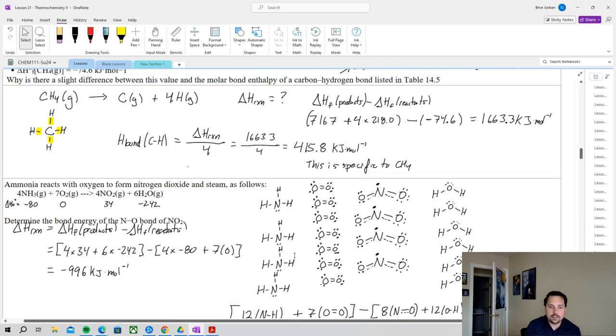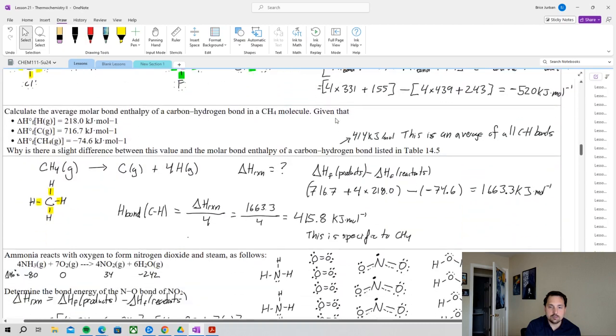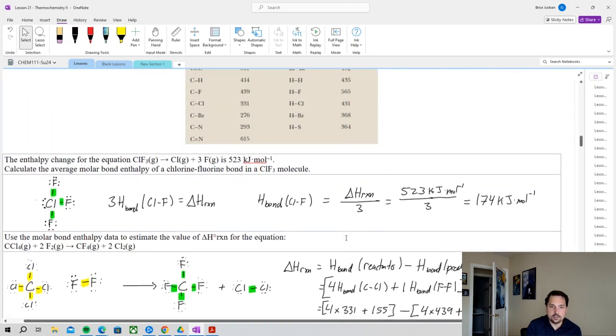So let's go and look at this table up here and find each of these values. So NH is 390. And overall, this is going to be equal to this value here that we calculated. Now, the bond enthalpy of oxygen is not 0.